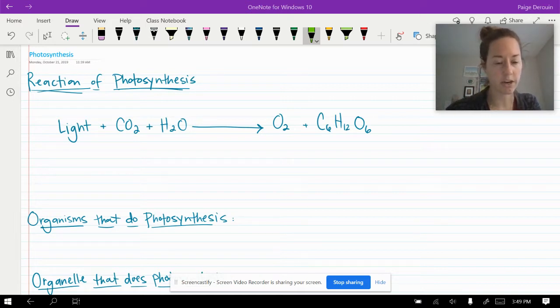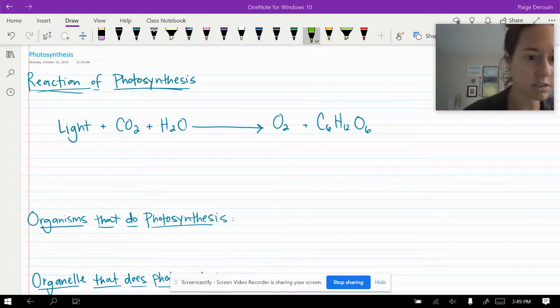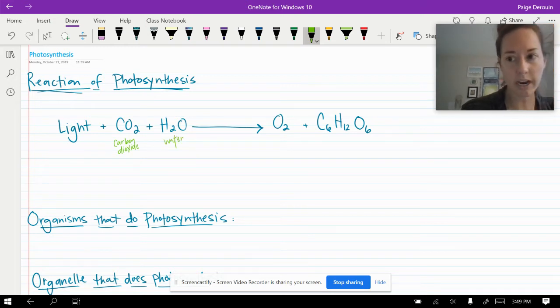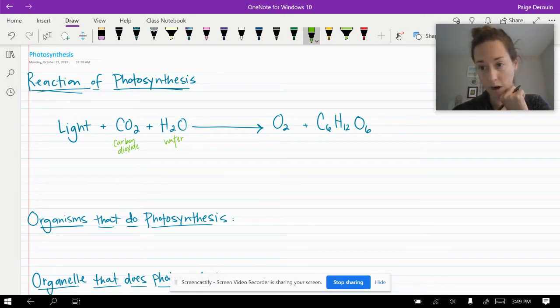So, here is our equation. First of all, I'm just going to label a few of these things. We have our CO2, which is carbon dioxide, H2O, which obviously is water. This arrow, when we look at a chemical reaction, we haven't looked at one this year so far, but you probably did before in middle school.